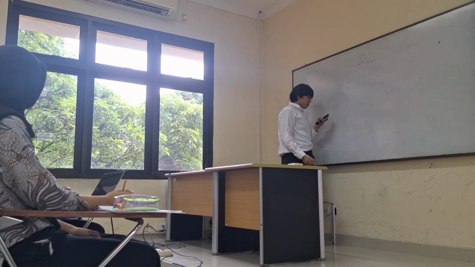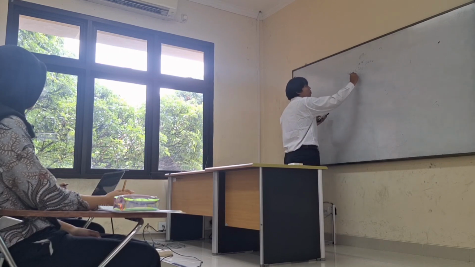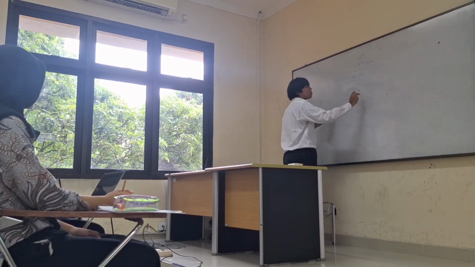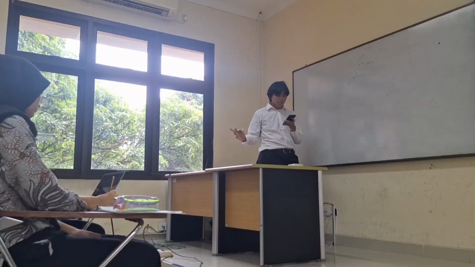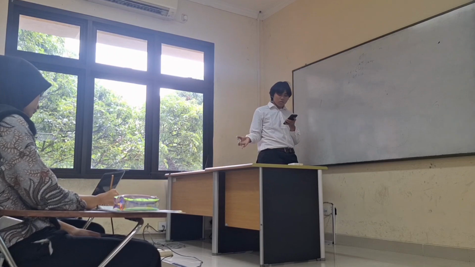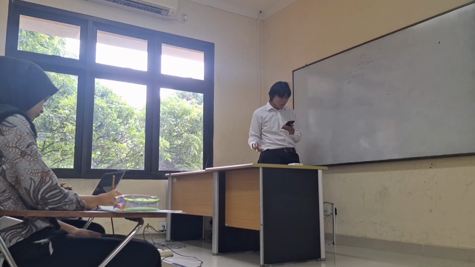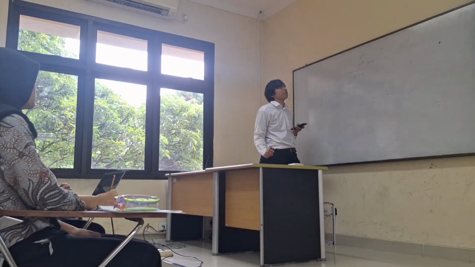So we have 4x equals 16. Now, what do we do next? Now, to isolate x, what should we do? We divide both sides by 4.